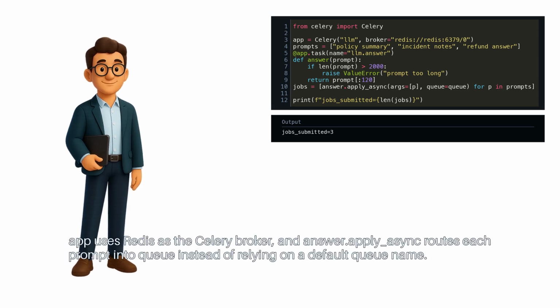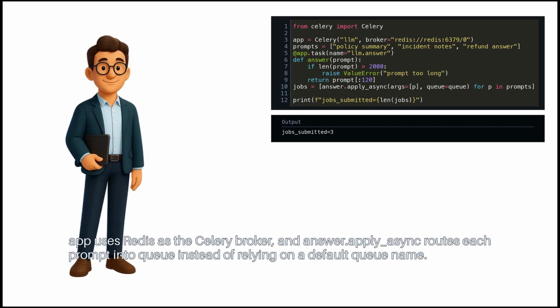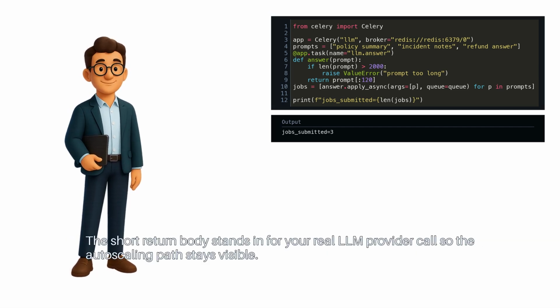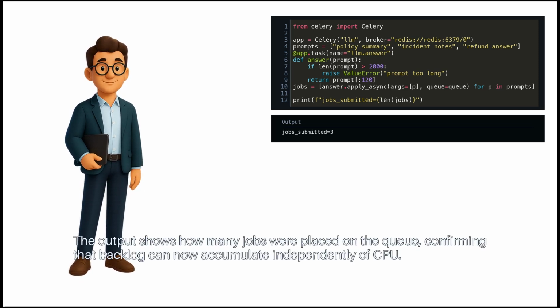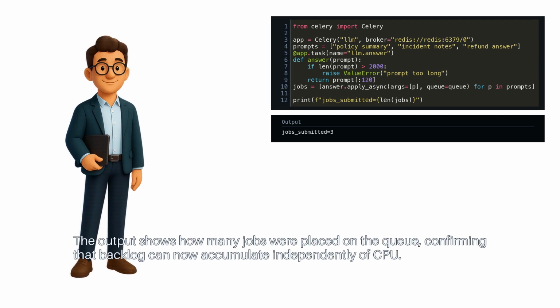App uses Redis as the Celery broker, and answer.apply_async routes each prompt into the queue instead of relying on a default queue name. The short return body stands in for your real LLM provider call, so the autoscaling path stays visible. The output shows how many jobs were placed on the queue, confirming that backlog can now accumulate independently of CPU.